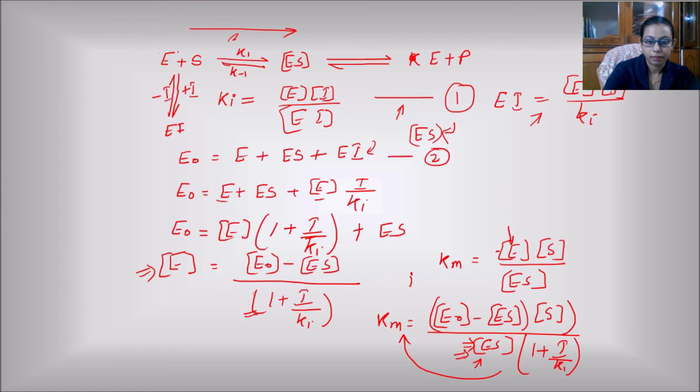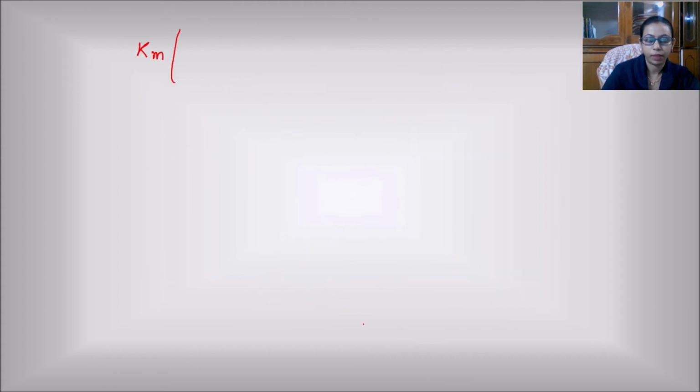So what was the value we were having? We were having Km, and as we have seen, I will transfer this value toward the Km, so it will be 1 plus I by Ki.